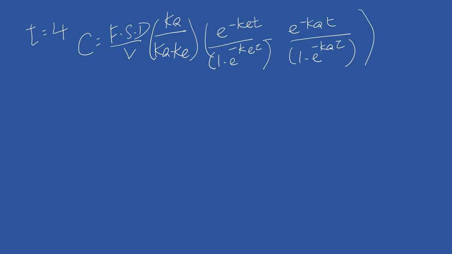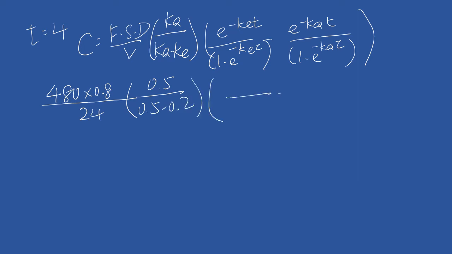Right, let's put in all the values. There will be 480 multiplied by 0.8 divided by the volume 24, Ka 0.5, 0.5 minus 0.2, then e^(-0.2 × 4) because your time point is number 4, over 1 minus e^(-0.2 × 8).